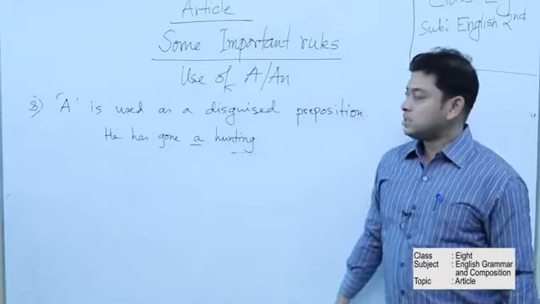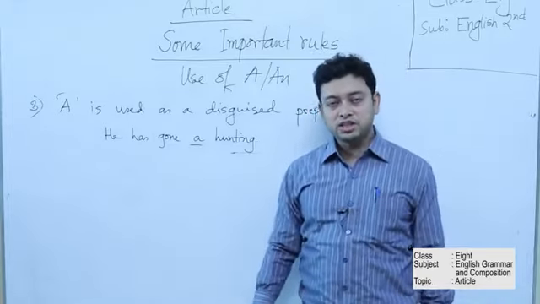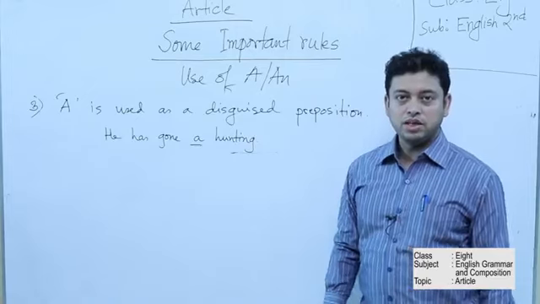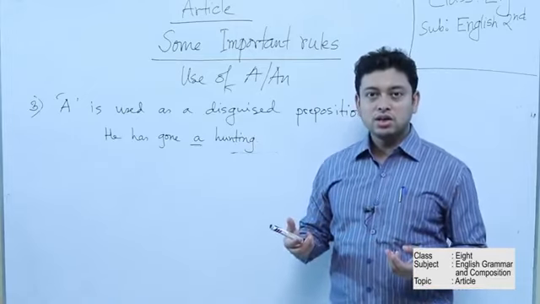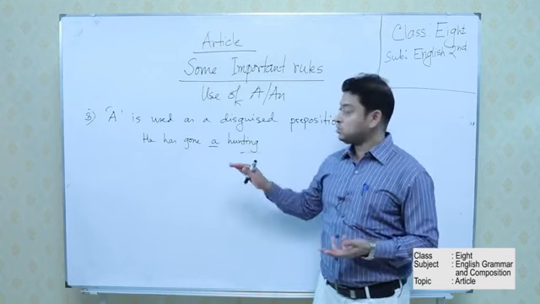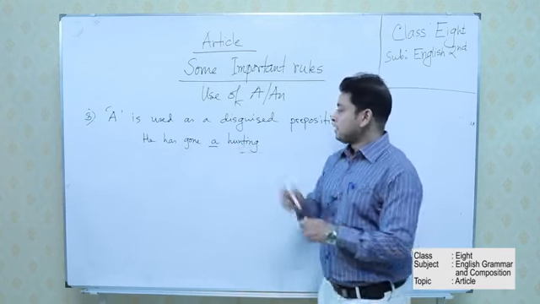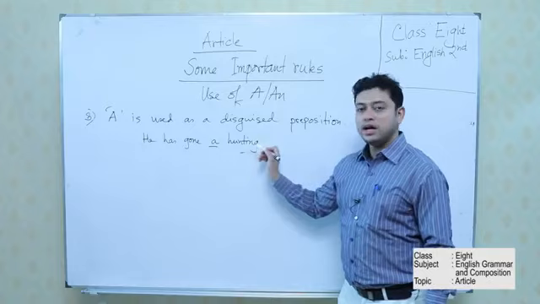So we know, students, preposition can be classified into 6 ways and disguised preposition is one of them. Disguised means it is hidden, it is not actually focused or you cannot see it, but it is actually working silently. So here, he has gone a hunting.